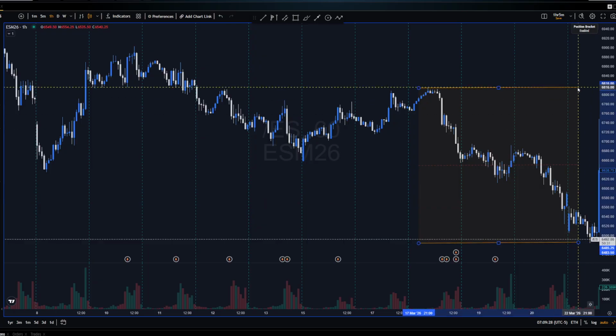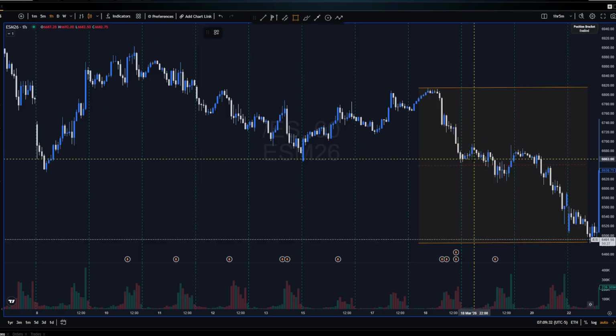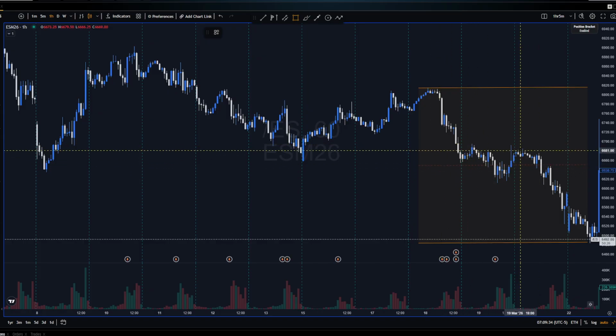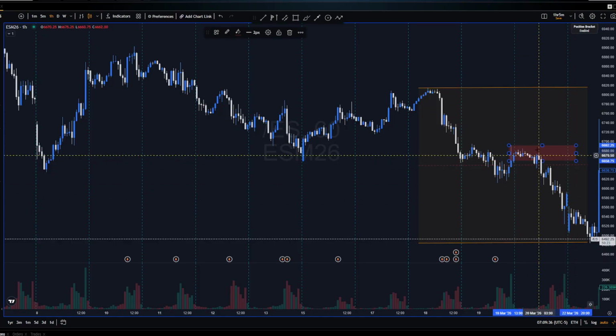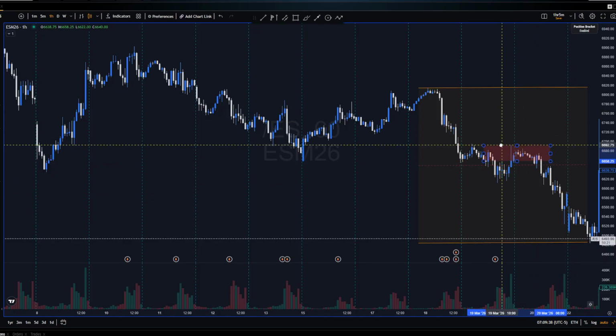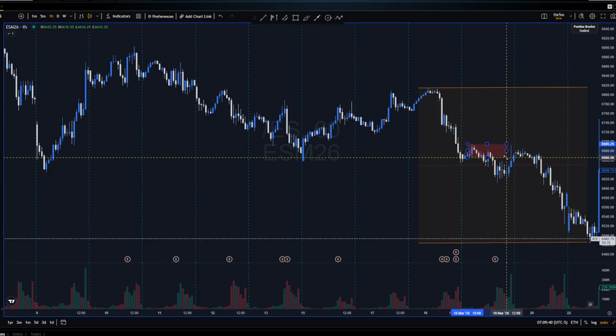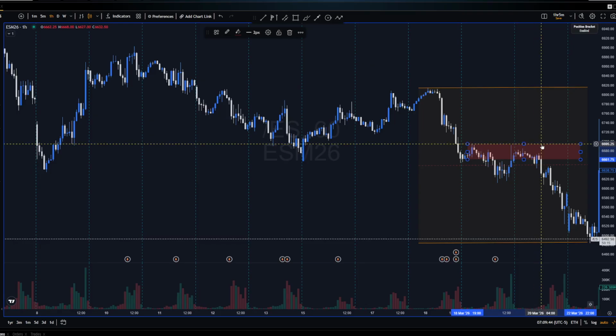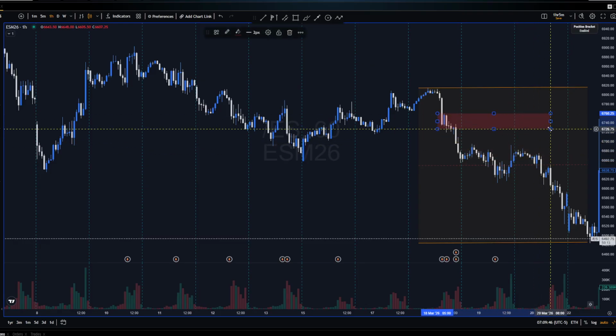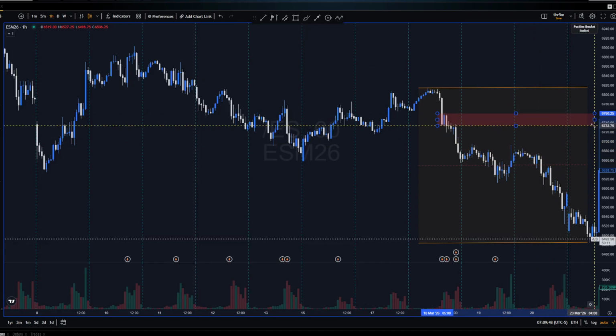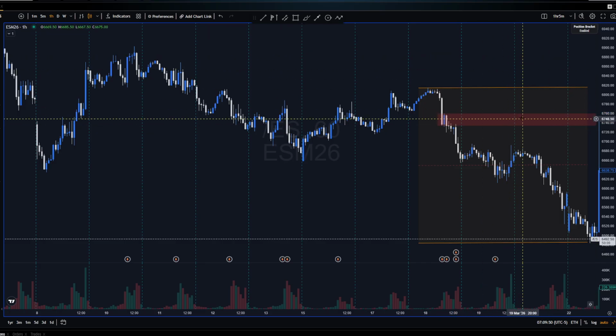Now we're looking at this range, so I need to look at untested sellers on the top half of our range. You might be looking here, but these sellers are a test of these sellers, so I don't expect this level to hold. Where are our next sellers? They're just about here. That's what I was looking at.